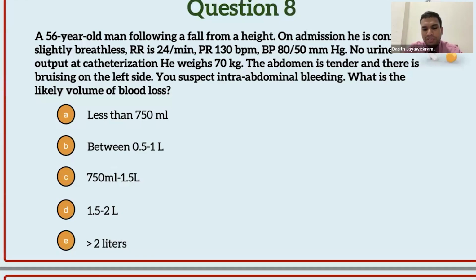Now, out of this extracellular fluid, 1/4 is in the intravascular compartment, and 3/4 is interstitial fluid. That means outside of the cells, but also outside of the vessels, between the cells.